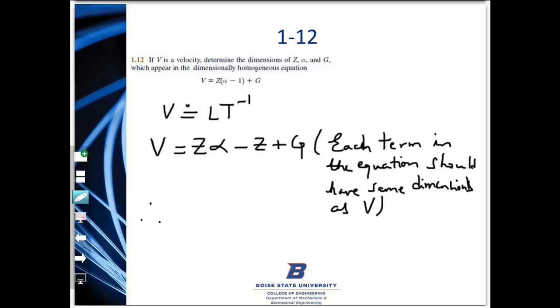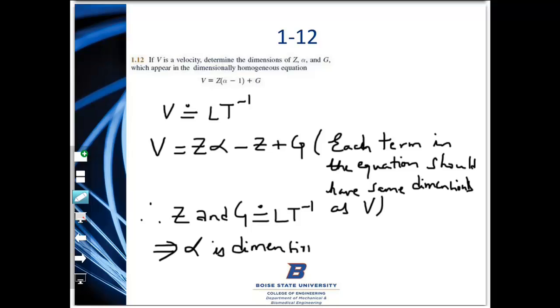So that would mean Z will have the dimensions of velocity, which is L t to the negative 1, and alpha, which is multiplying Z, since already Z has the units of L t to the negative 1, which is the units of velocity, alpha has to be dimensionless. Okay, so alpha is a dimensionless quantity.